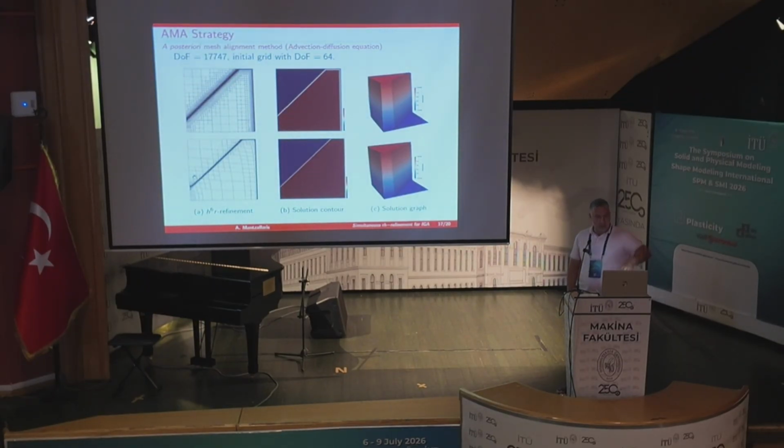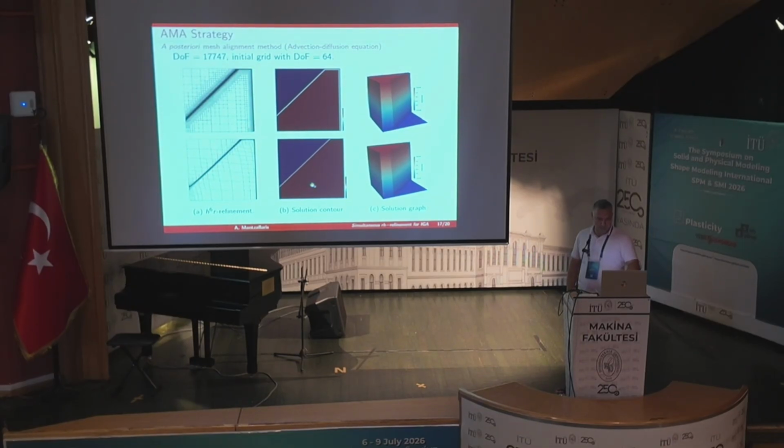But if we do an R refinement step, then we better align the mesh, and the sharp layers become much sharper with the same number of degrees of freedom. So we are much more satisfied with this than with the original solution.